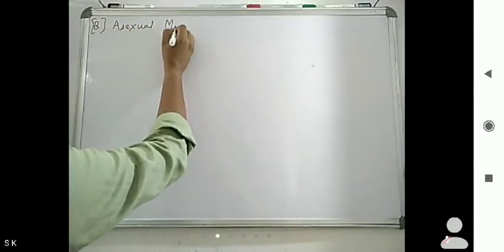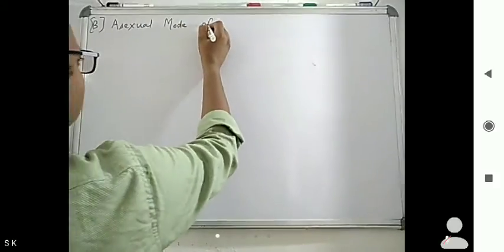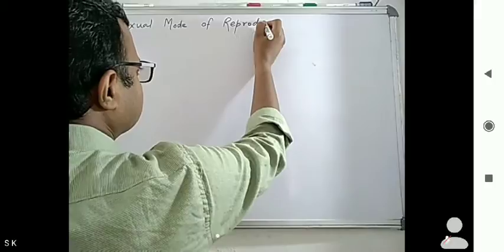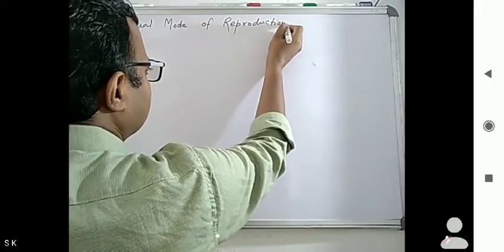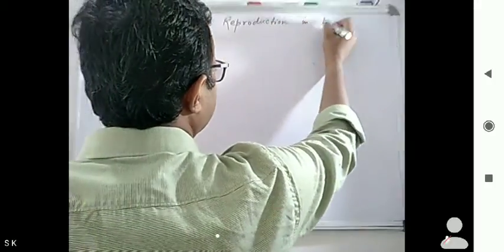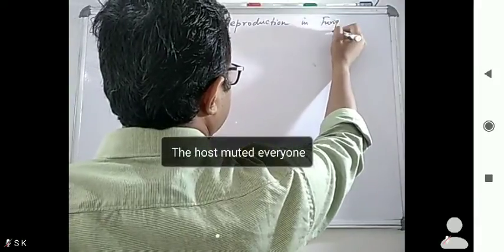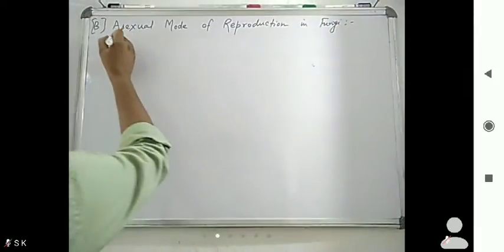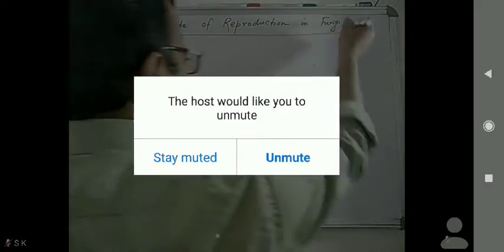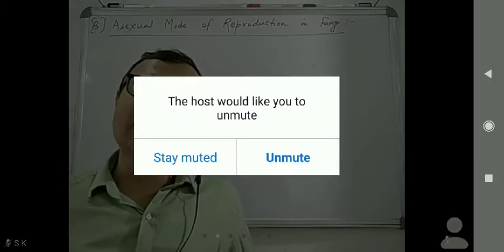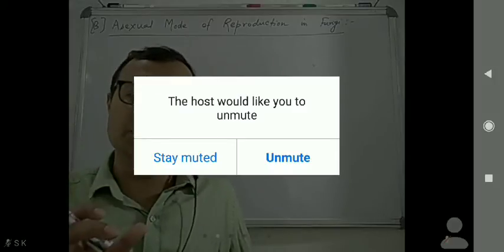Asexual mode of reproduction in fungi. The asexual mode occurs with the help of spores.